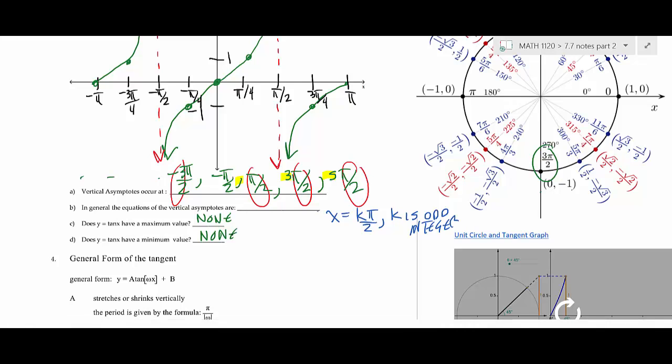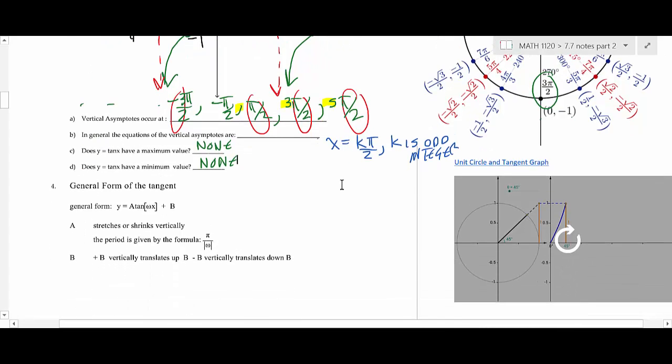So that's the idea of the basic simple tangent, and then what we do is we change that by doing transformations, period changes and stuff like that. A couple of things are a little different on this. We're going to focus mostly on this format. Now, A is usually thought of as the amplitude.